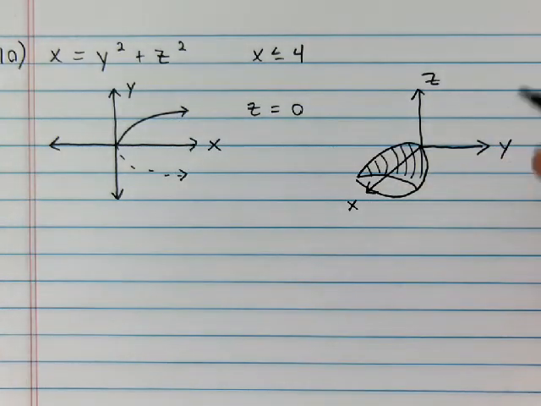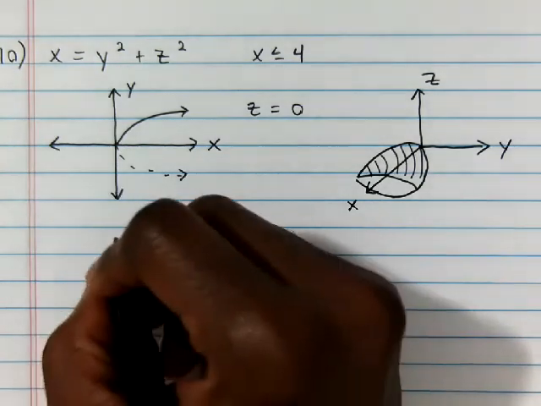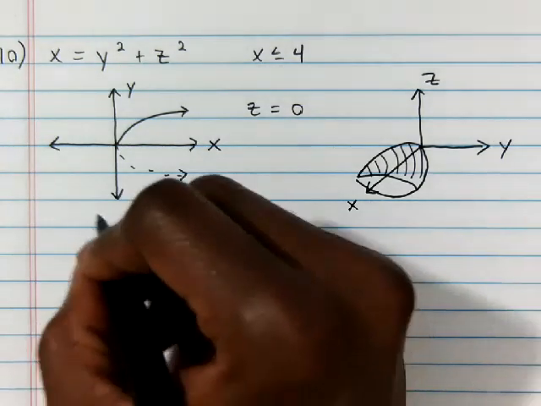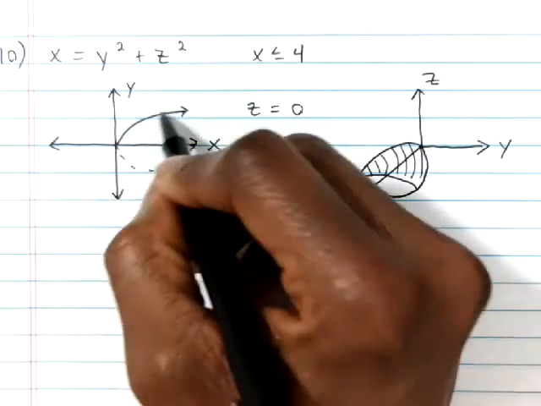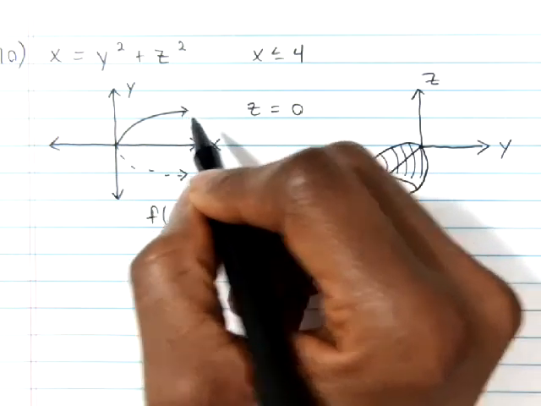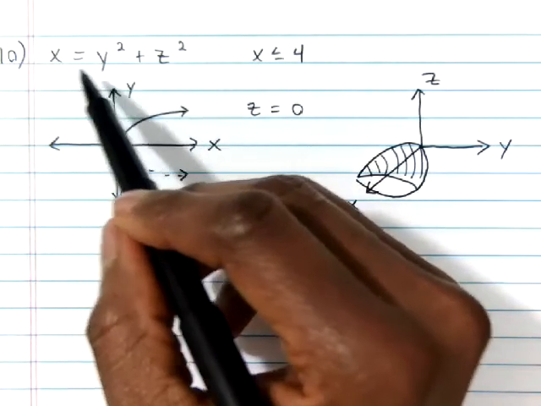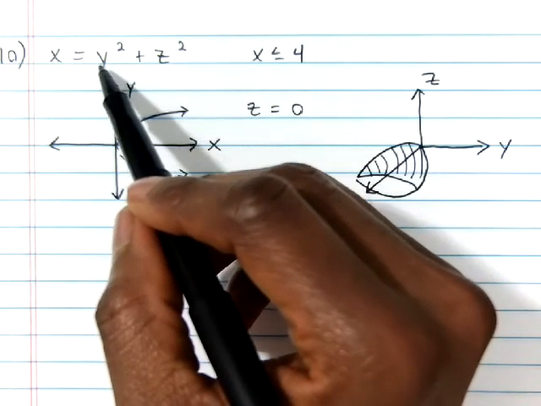So that means we can use the parameterization x equals x. And what is our f of x here? What is that function right there? So remember, what we have right here is x equals y squared.